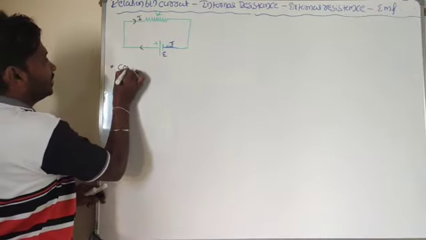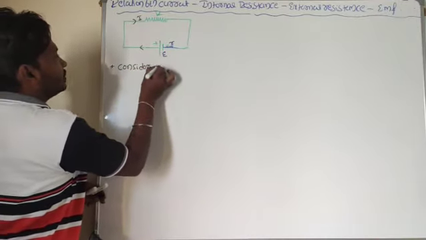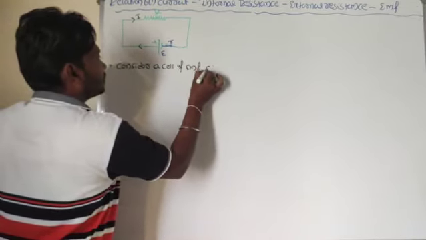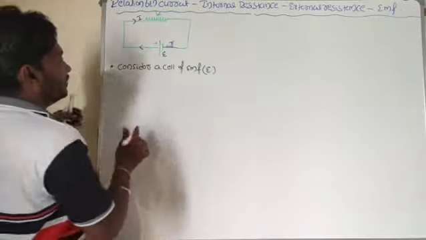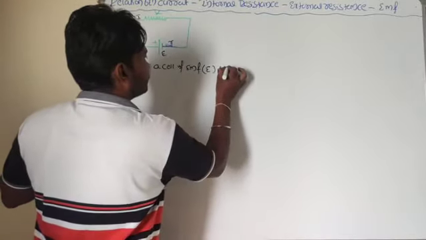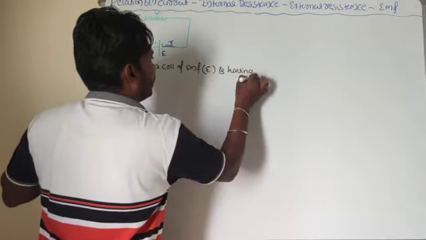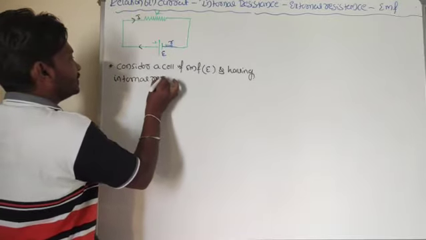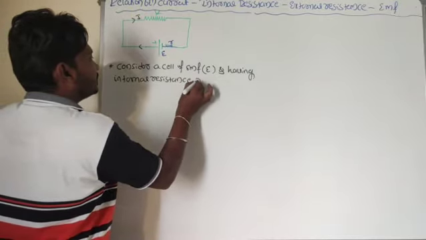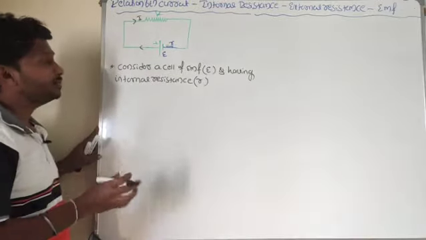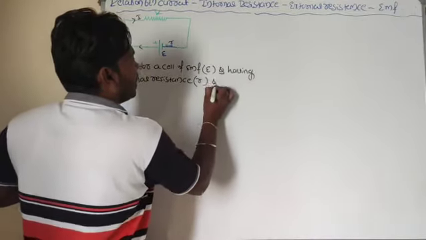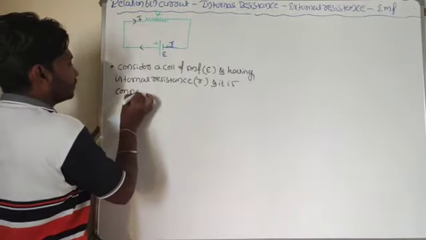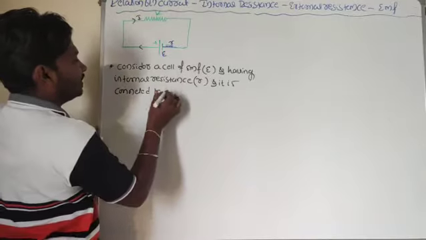So consider a cell of EMF E, and having internal resistance, represented by the symbol small r, and it is connected to an external resistance.